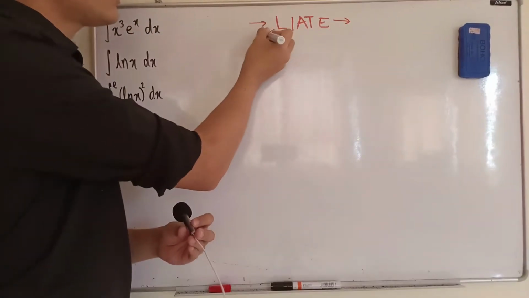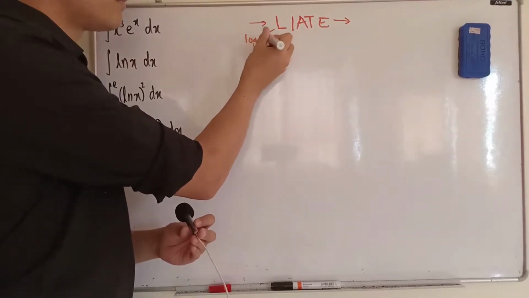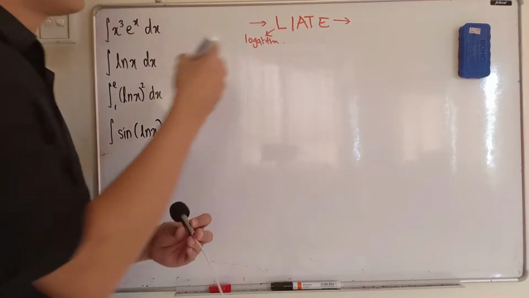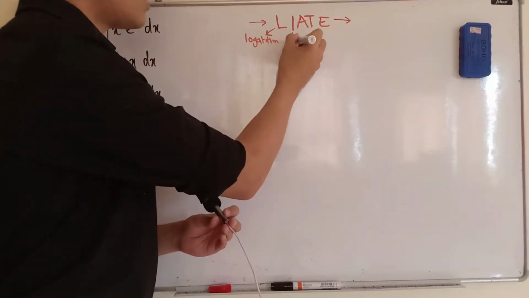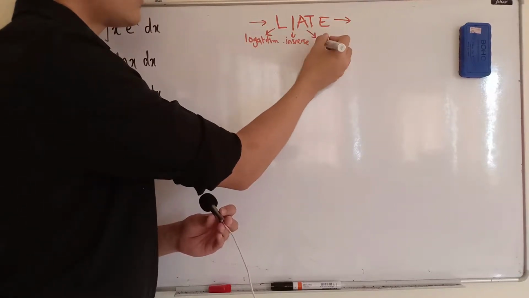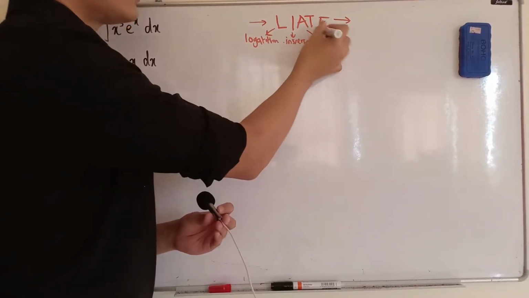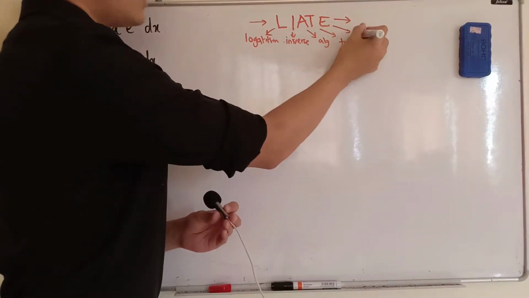L stands for logarithm, I stands for inverse, I'm going to show you what inverse is later, A stands for algebra, T stands for trigo, and E stands for exponential.